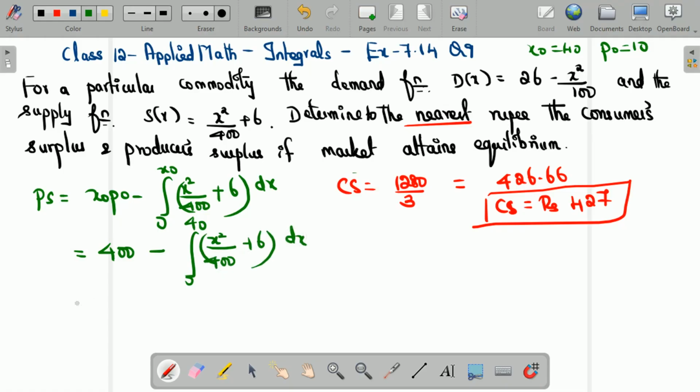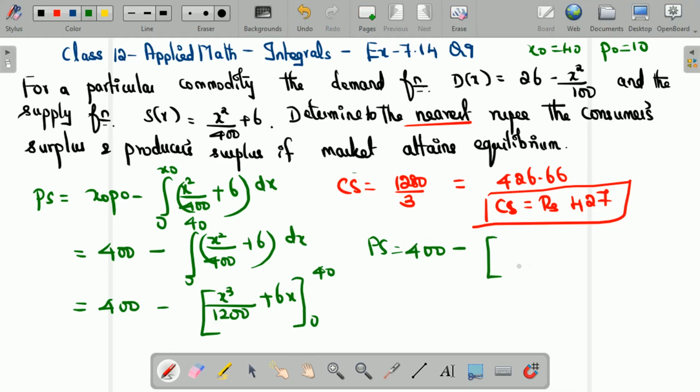So after integration, this is going to be 400 minus x cube divided by 1200 plus 6x between the limits 0 to 40. So PS is going to be equal to 400 minus of, now let's apply the upper limit, 40 cube, 4 cube is 64, so 40 cube is going to be 64,000 divided by 1200.